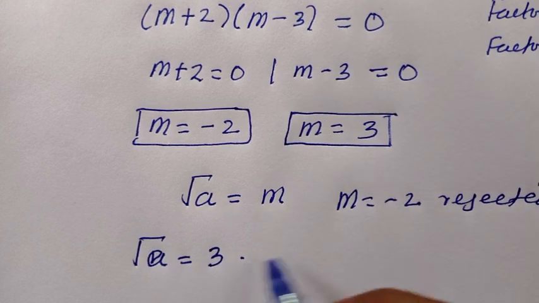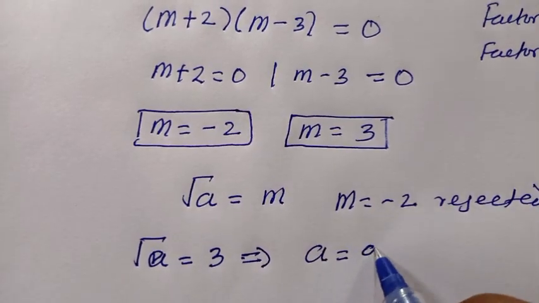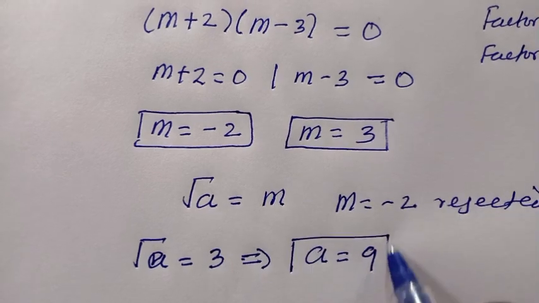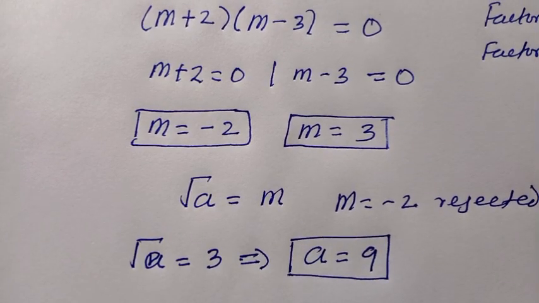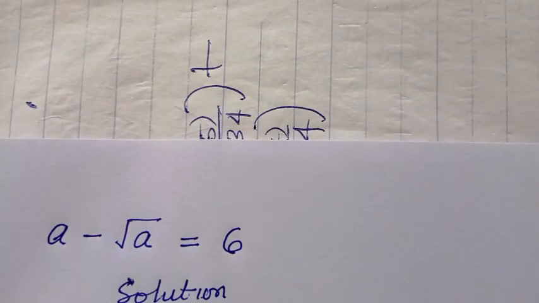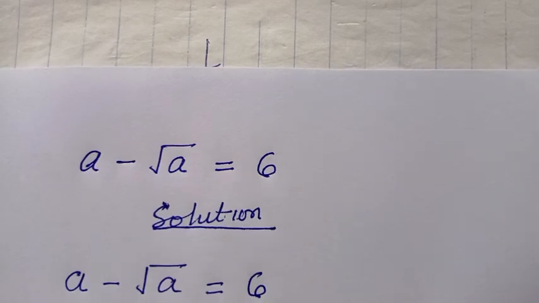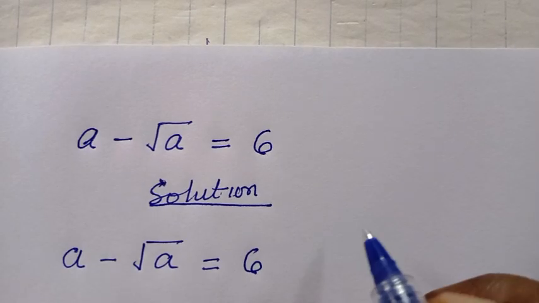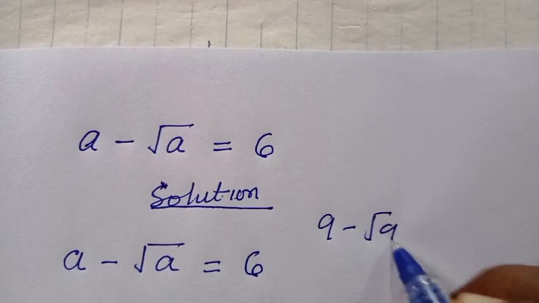And by taking the square of both sides, this implies that the value of a equals 9. So a equals 9 is what satisfies this equation, as we are going to verify from here. So we have the value of a equals 9, and by inputting the values, we have 9 minus square root of 9.